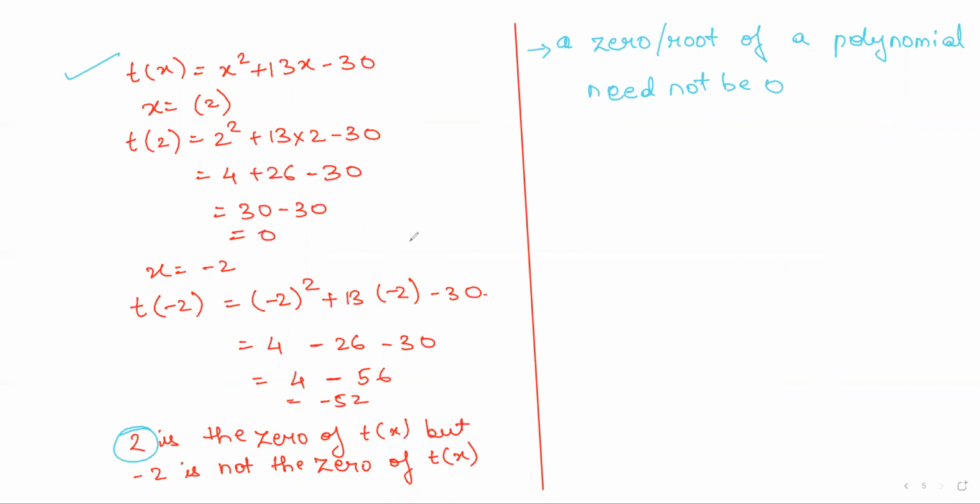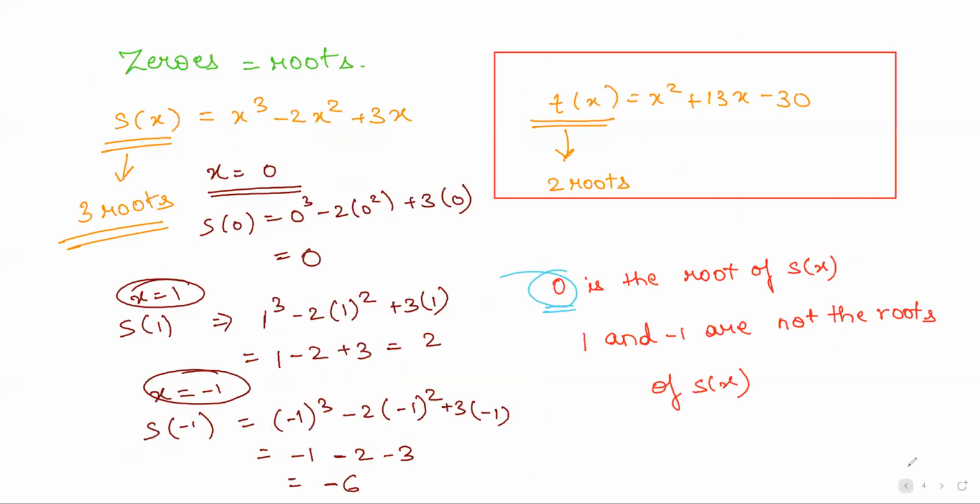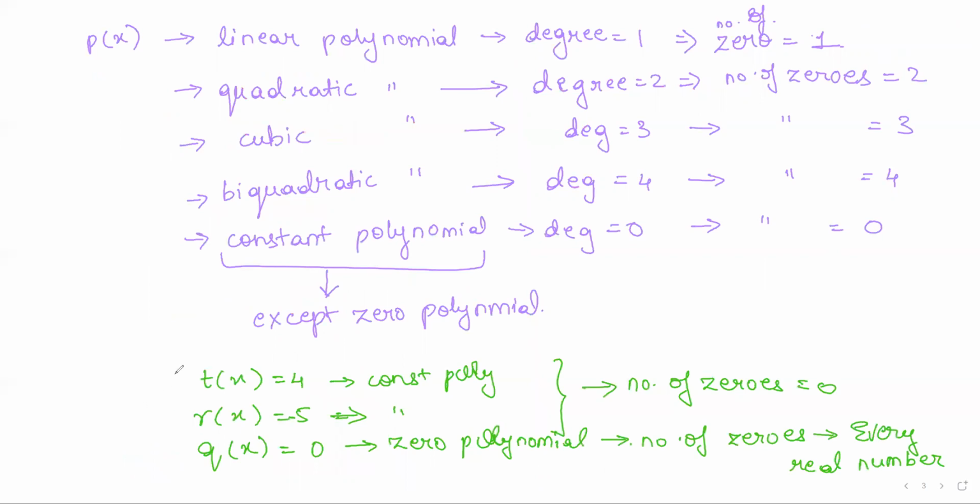Next. A non-zero constant polynomial has no zeros, and every real number is a zero of the zero polynomial. This we've already seen. These are non-zero constant polynomials.